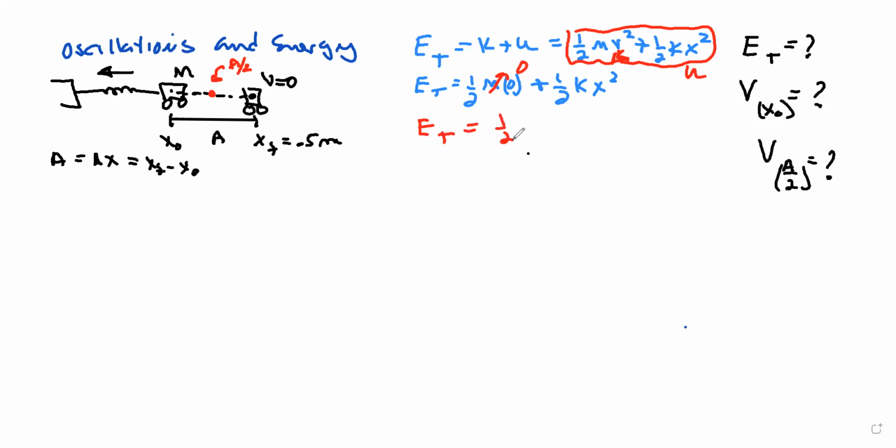Let's give values to this. Let's say that k is equal to 120 Newton per meter, and the mass of this particle is 2 kilograms.